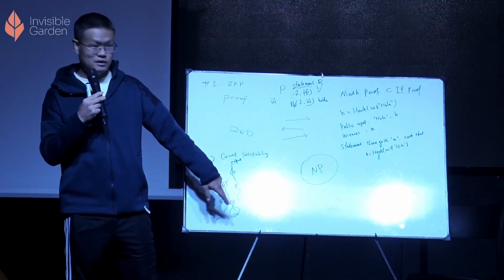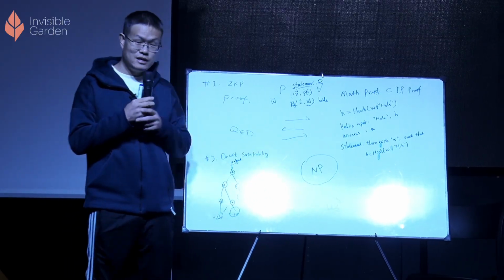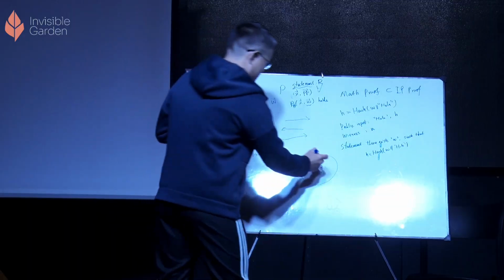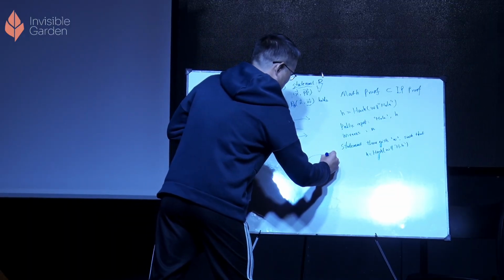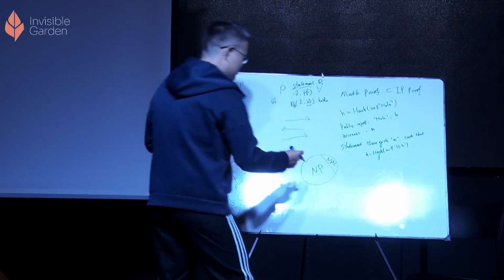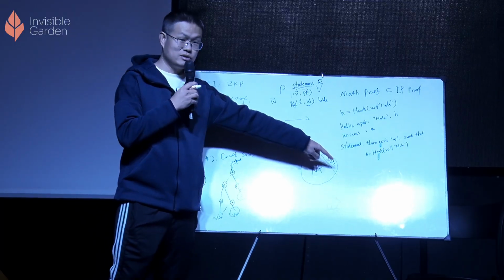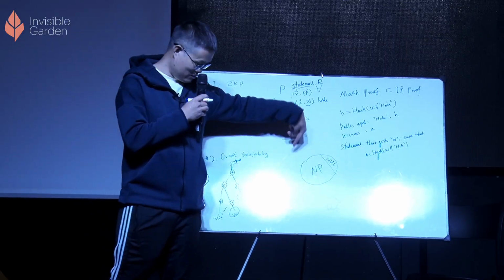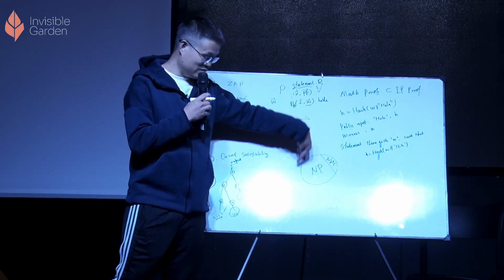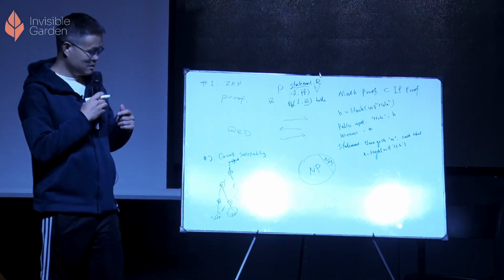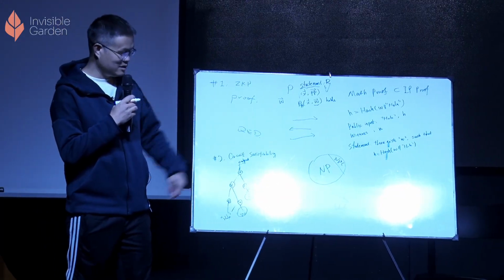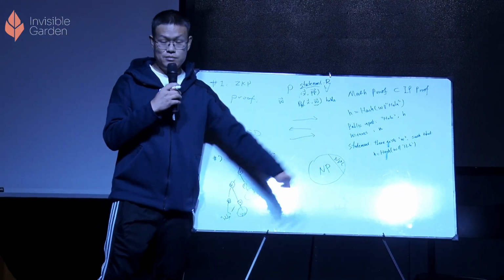It's called an NPC problem. An NPC problem is like the most difficult problem inside NP. So circuit satisfiability is an NPC problem.